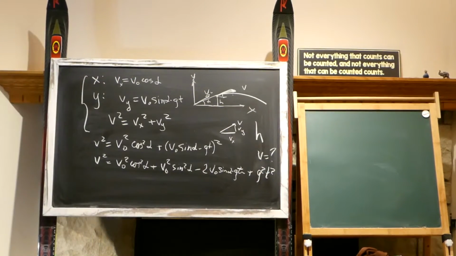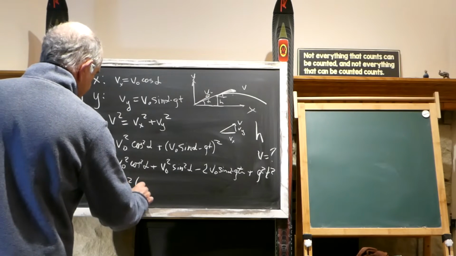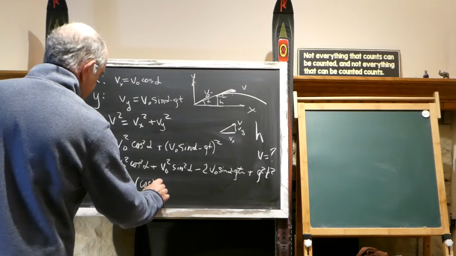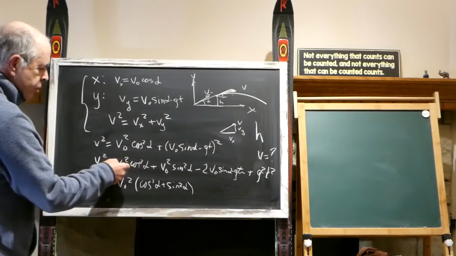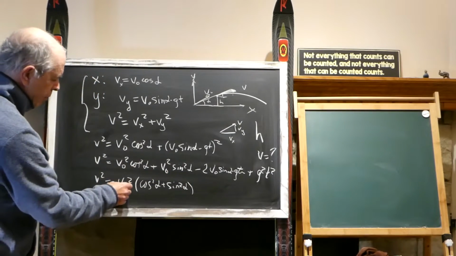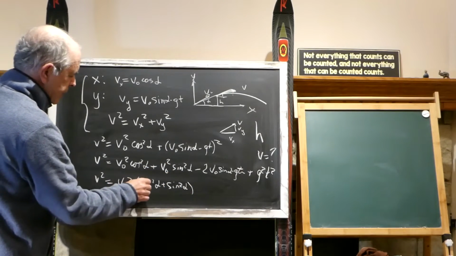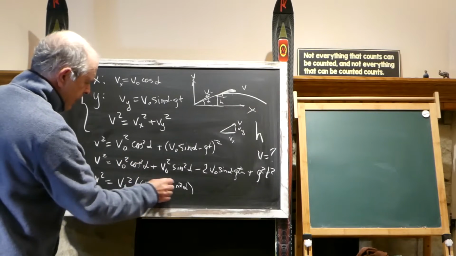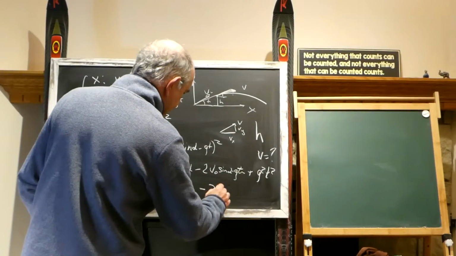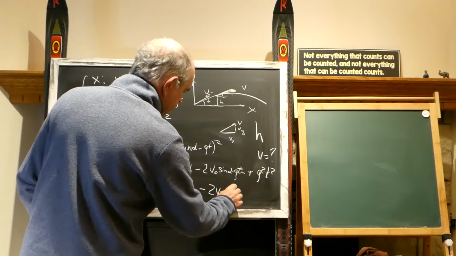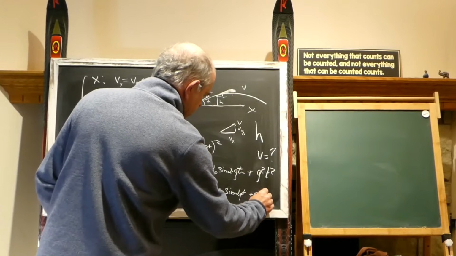As I promised, v squared equal v0 squared times cosine squared plus sine squared, because I factor out v0 squared between those two. If I go in the opposite direction and open parentheses, there would be this multiplied by this plus this multiplied by this, which is exactly like this, so it's the same. And this part I write as minus 2 v0 sine alpha gt plus g squared t squared.